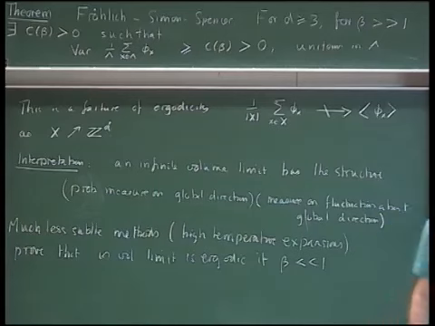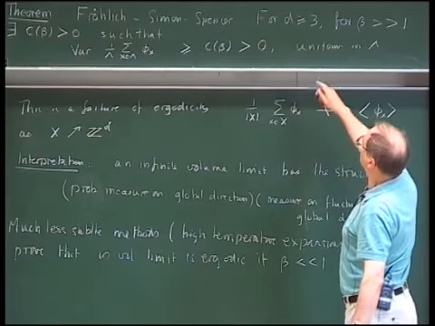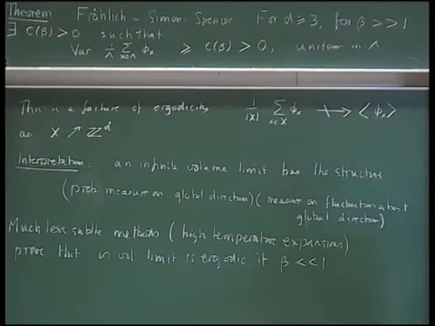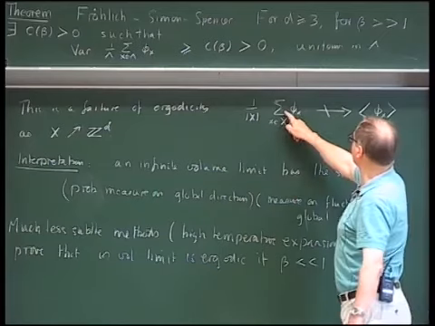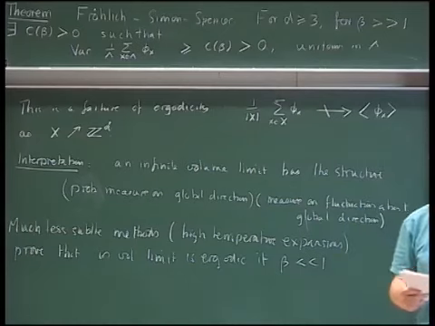So at high temperature, when beta is small, all of these spins start to feel relatively independent of each other, and then this thing does converge in the normal strong law of large numbers sense to its mean.